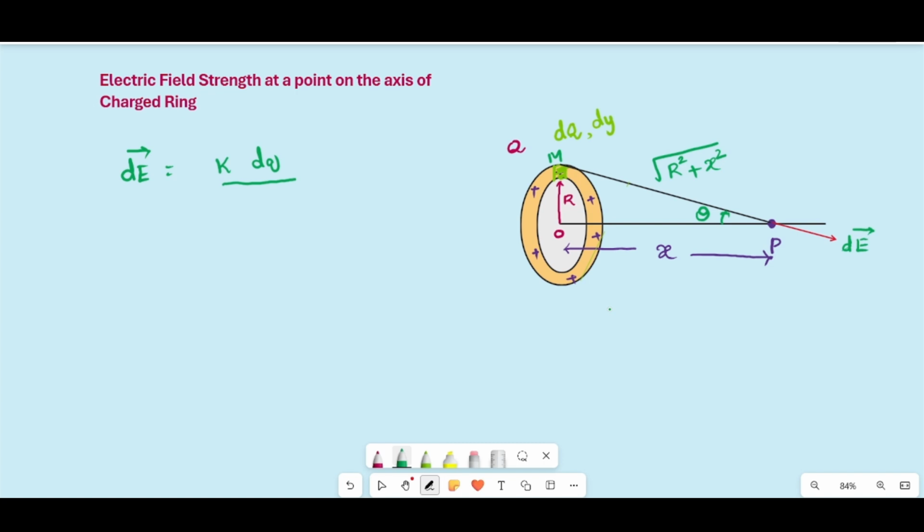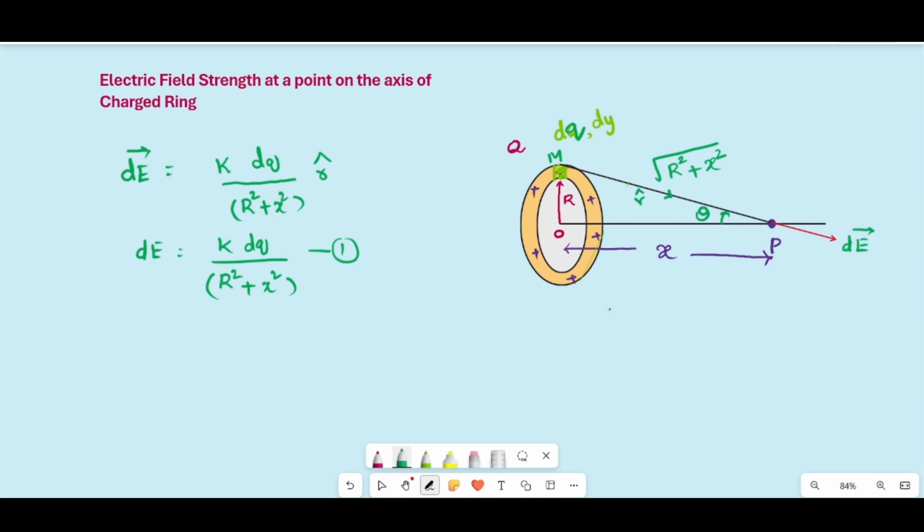The square root of r square plus x square, squared, into the unit vector r cap. If we consider only the magnitude, then dE is equal to k dq by r square plus x square.